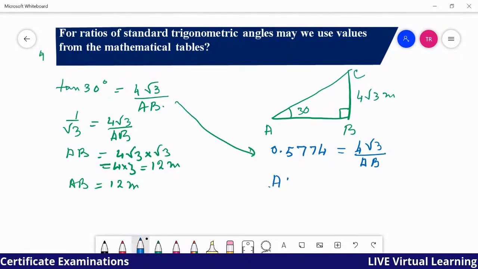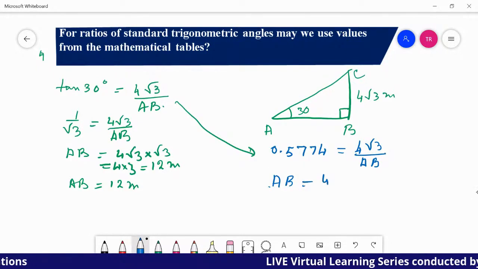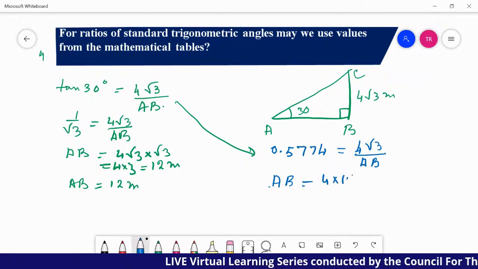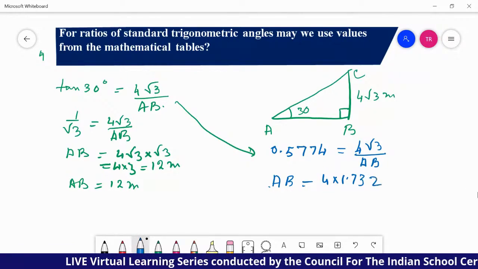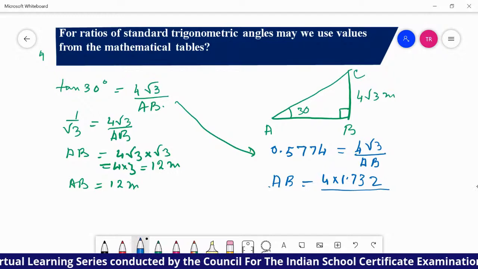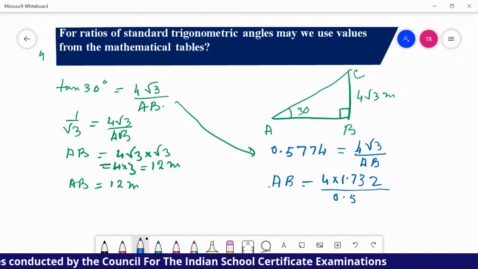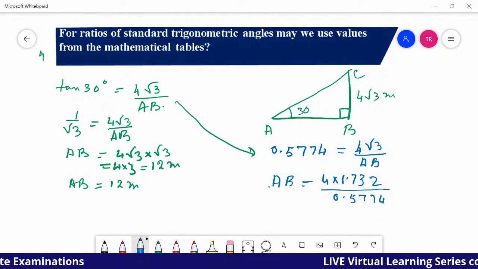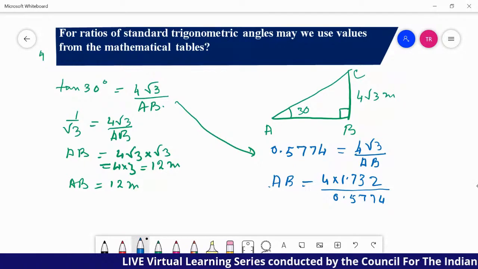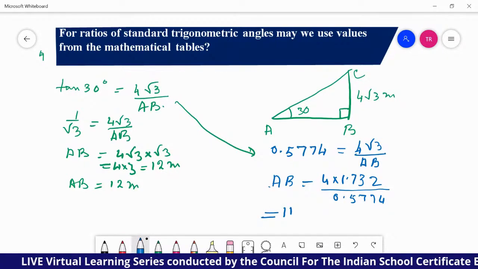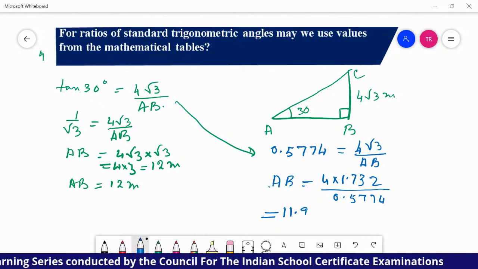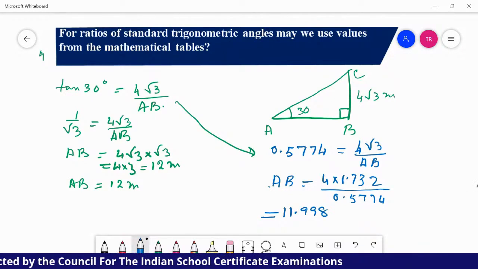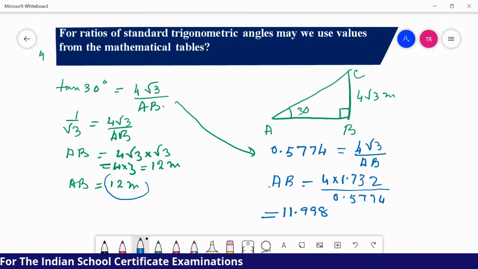So AB is equal to 4 root 3, where root 3 is 1.732, divided by 0.5774. Now, a huge calculation. I'm pressing it on my calculator and checking. Yes, the value is coming to 11.998, which is not the answer we expect, which is 12 meters.